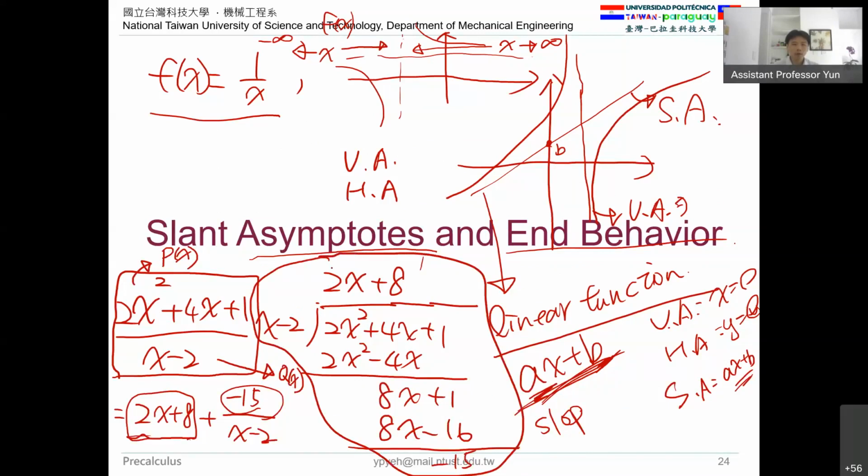It could be the long division theorem, and also you can use synthetic division. It depends on how familiar you are with these division operations with polynomial functions.